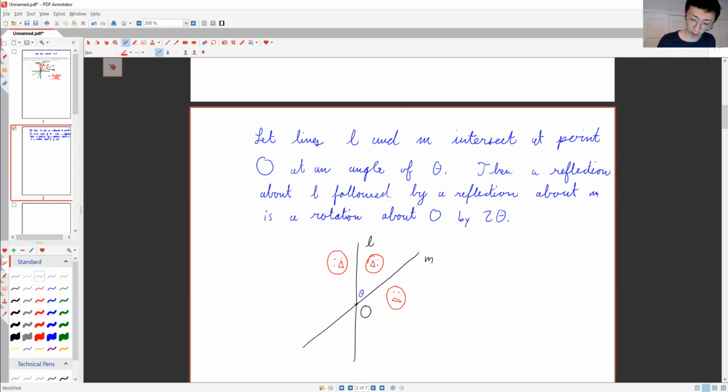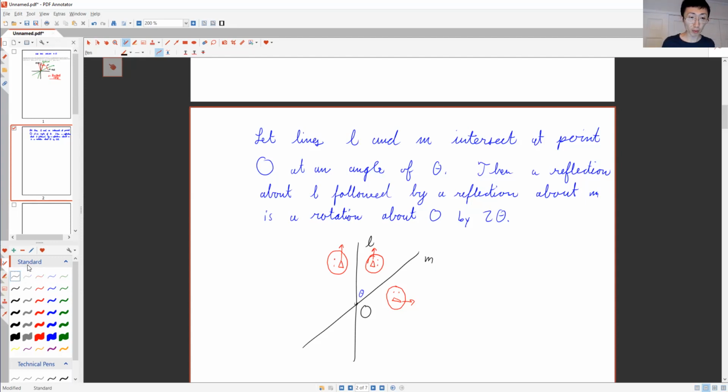Here, the arrow is pointing to the face's left. Here, the arrow is pointing to the face's right. Anyways, it looks something like that.